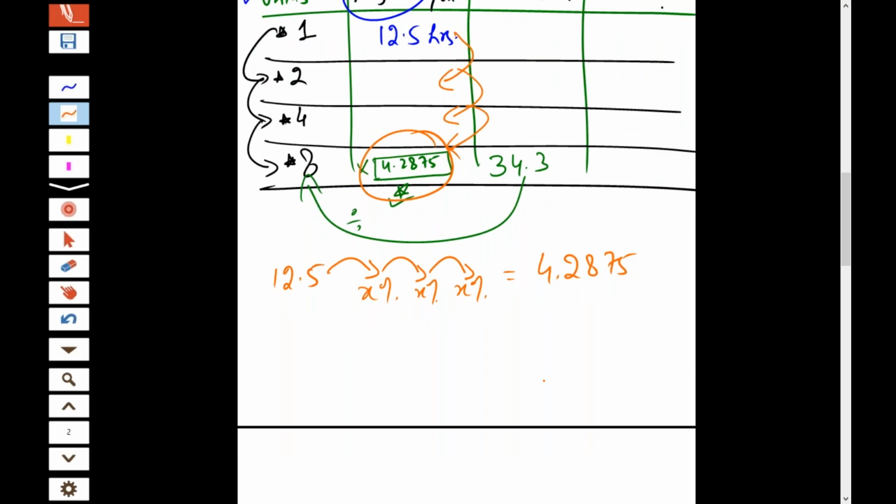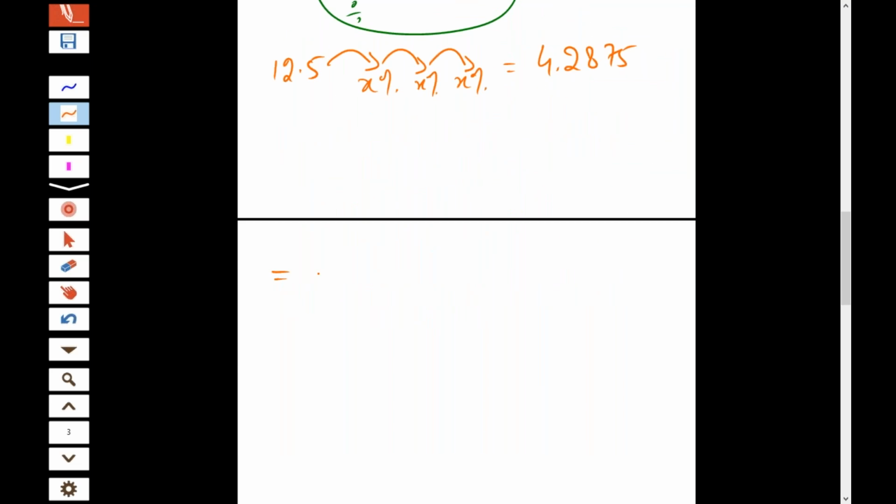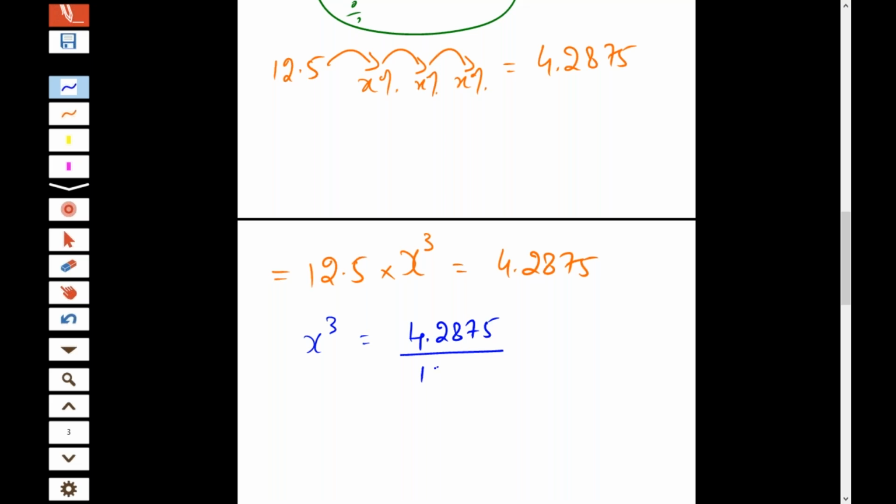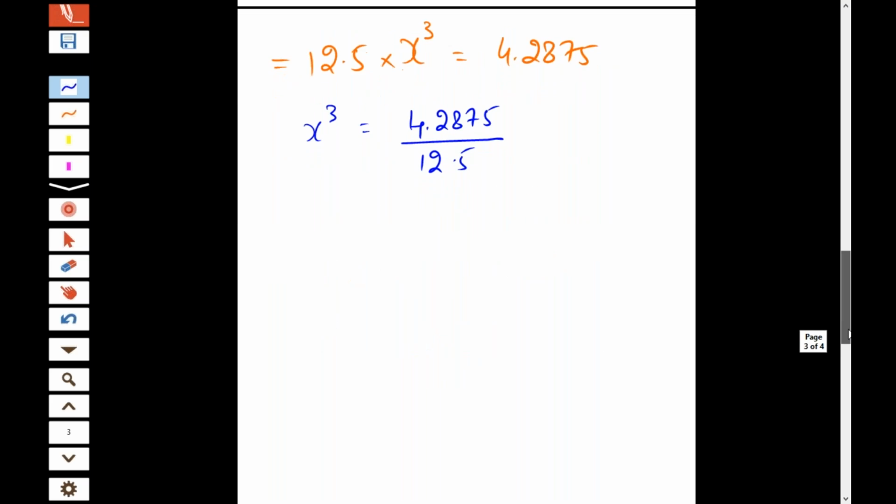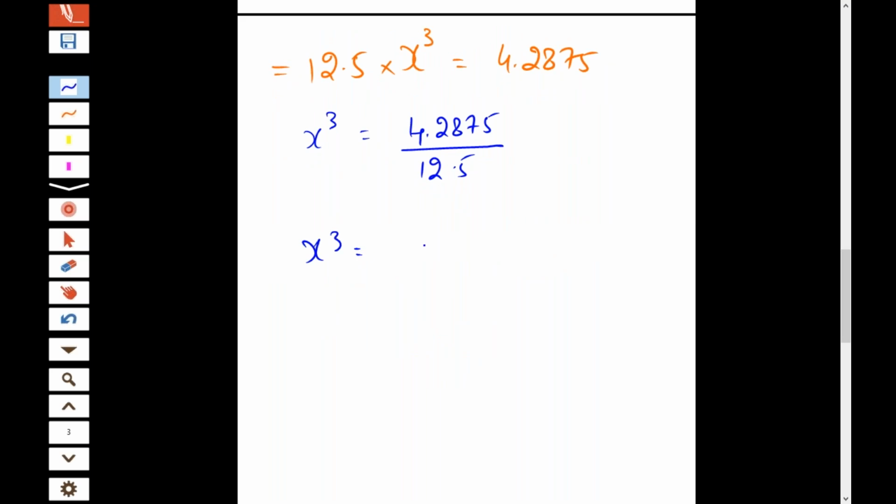So now, what is the reverse calculation? 12.5 multiplied by x power cube is equal to 4.2875, so x power cube is equal to 4.2875 divided by 12.5. If I calculate this, it is 0.343.